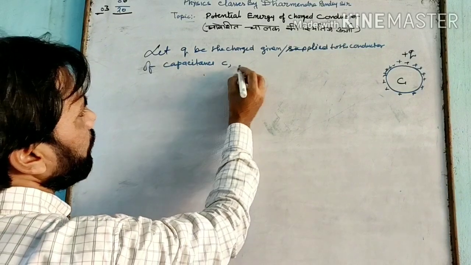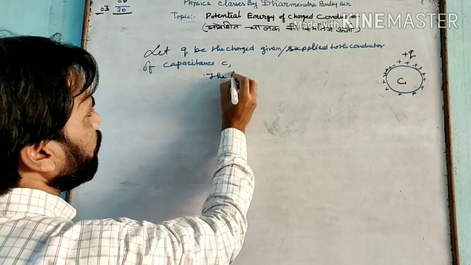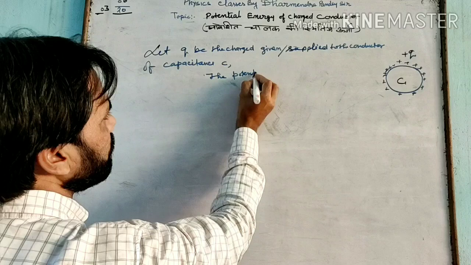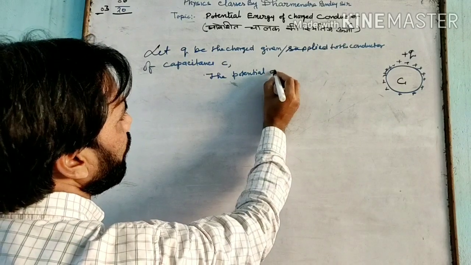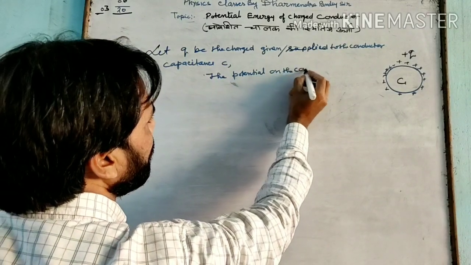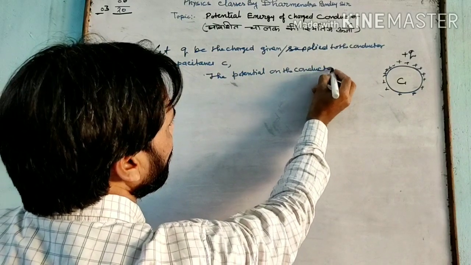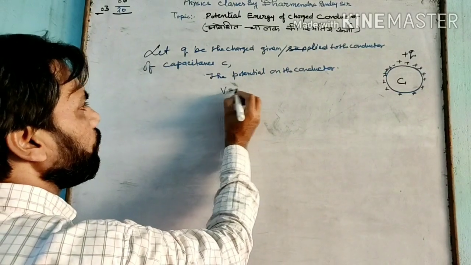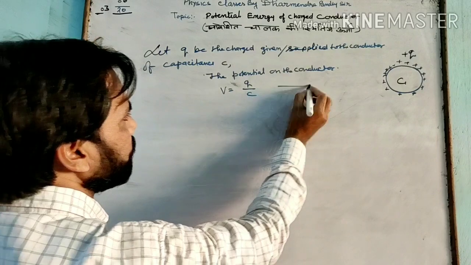The potential on the conductor V is equal to Q upon C.